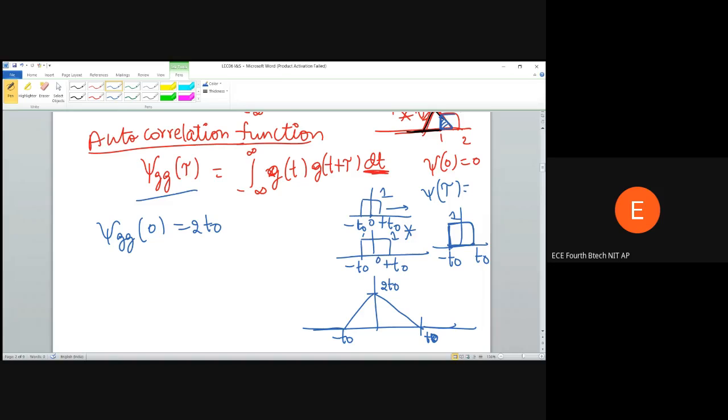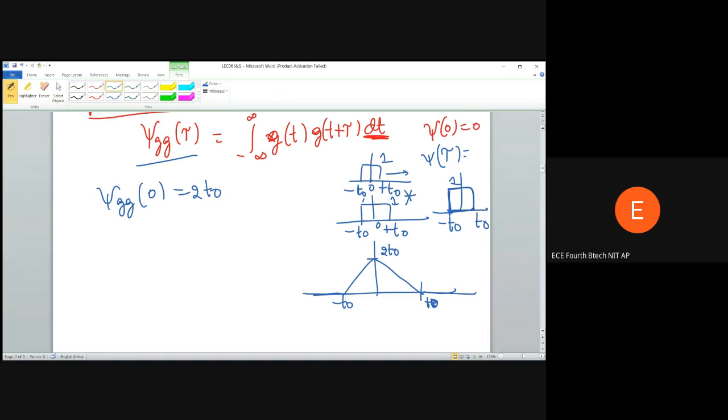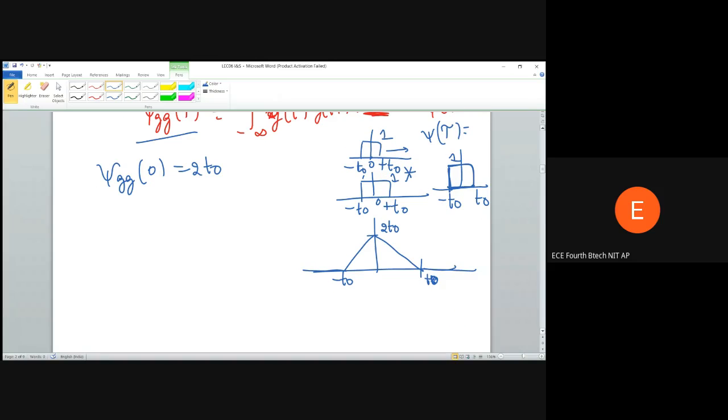Okay. Now, you can prove this very easily. That means the Fourier transform of psi zz of tau will give you the power spectral density.